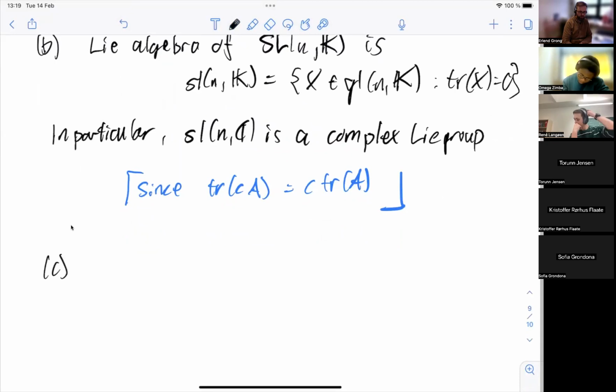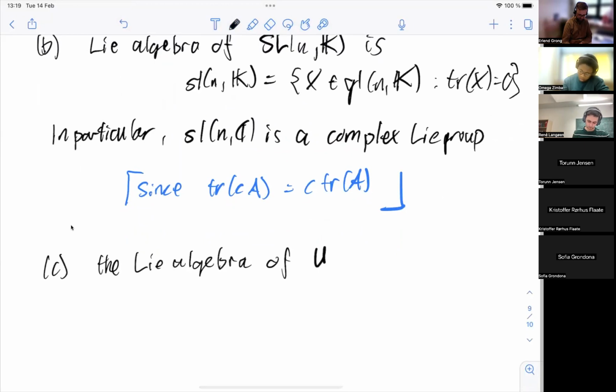Then for the unitary group, let's do a curl here, small u(n).